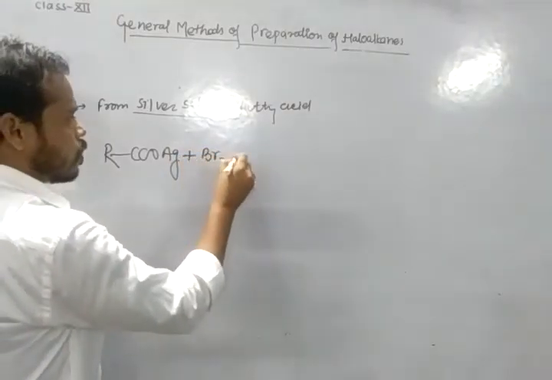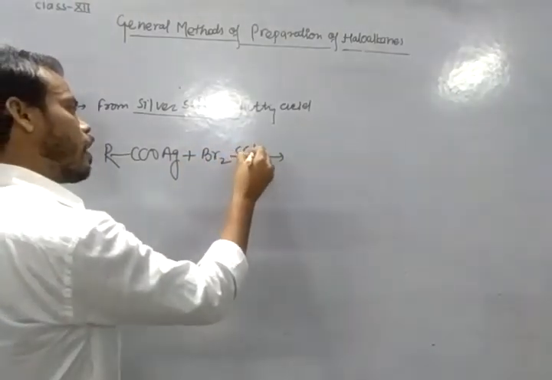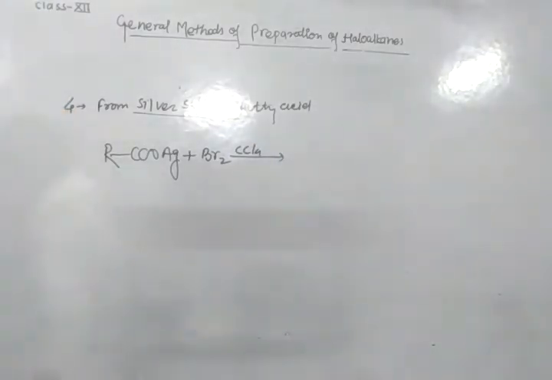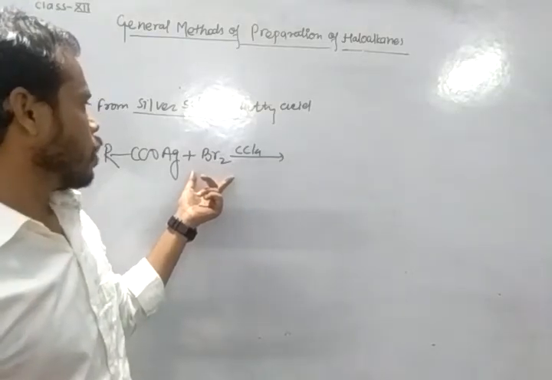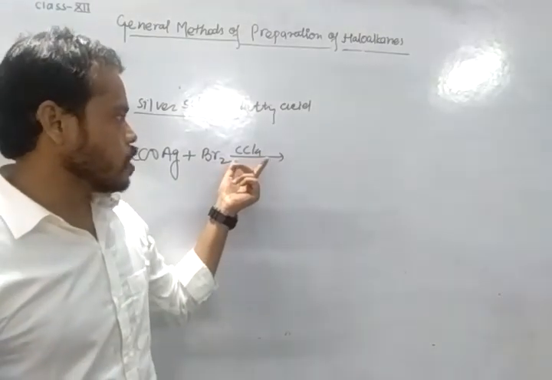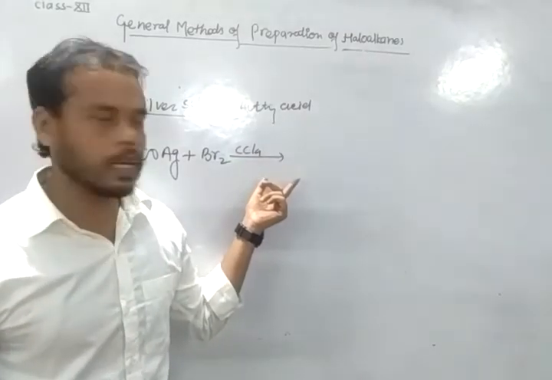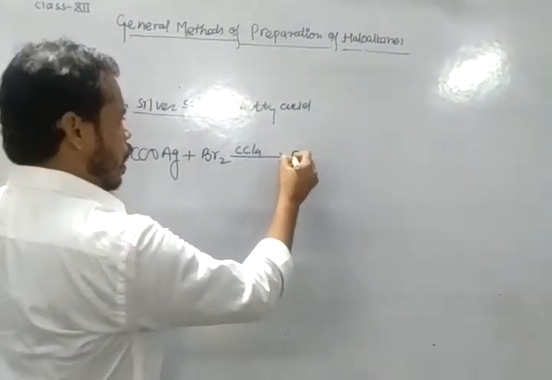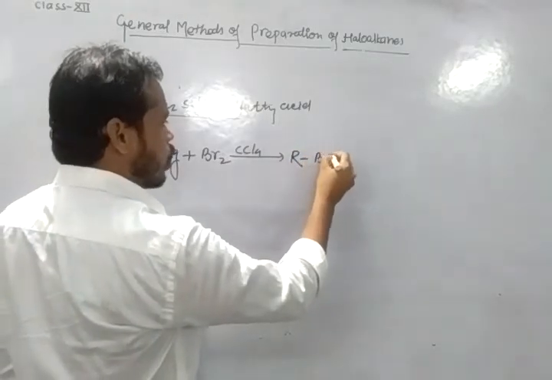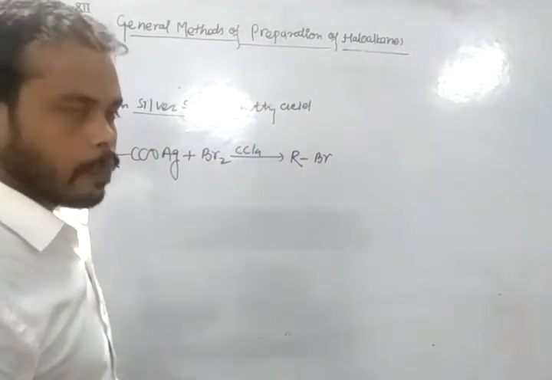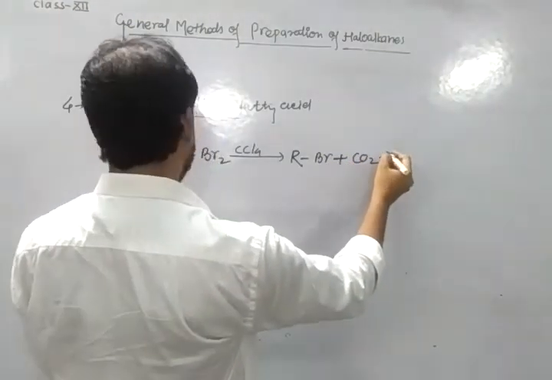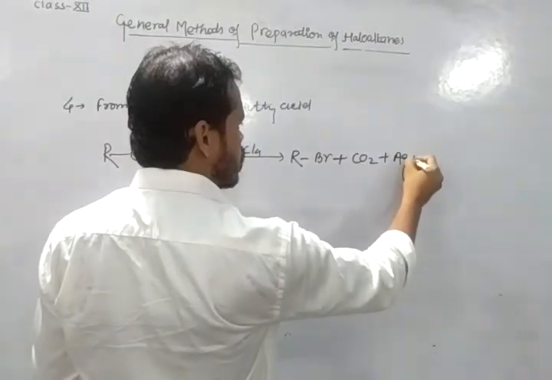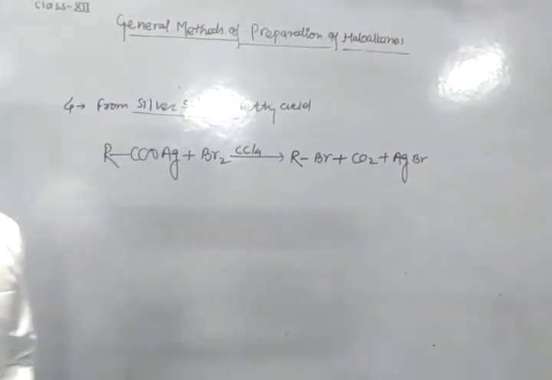When silver salt of fatty acid is treated with bromine in the presence of carbon tetrachloride as an inert solvent, it forms RBr, bromoalkane. It always forms bromoalkane, and carbon dioxide is also eliminated, and the byproduct silver bromide is formed.